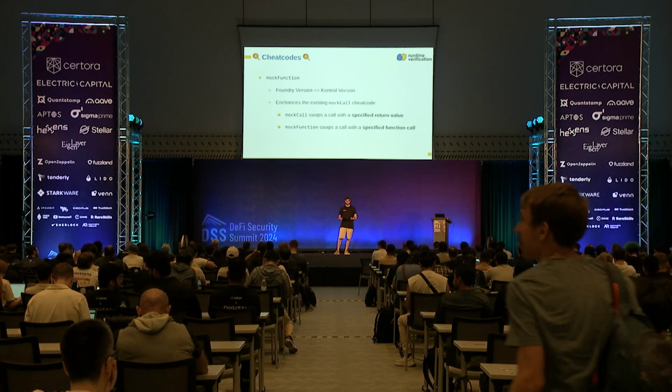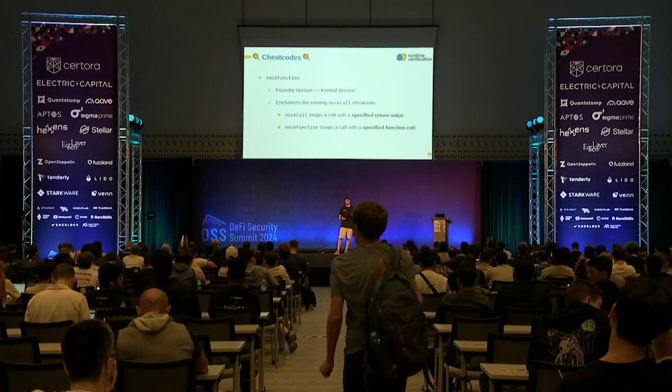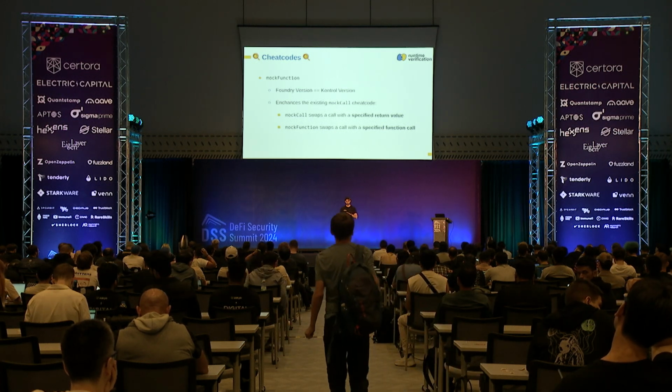That is useful if you have a very complicated function and you want to execute sort of like a model or a summary of it, but you still want to run it, not just get a concrete return value. And then we have this random, which in Foundry is just a new fixed value, and for us is a fresh symbolic variable.